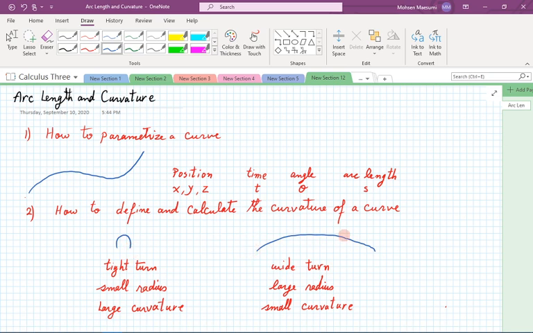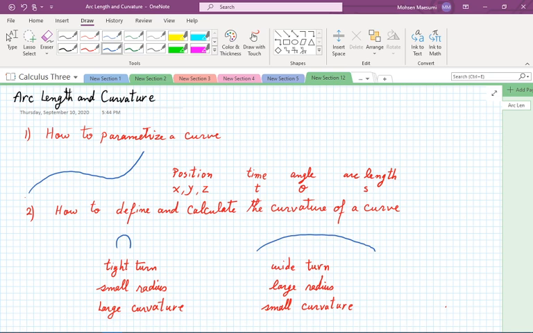With a situation like this, we say a large radius connects to it. When we use the language of curvature, something that is tight like this, we say it has a large curvature, and something that is smooth like this, we refer to it as something with a small curvature.